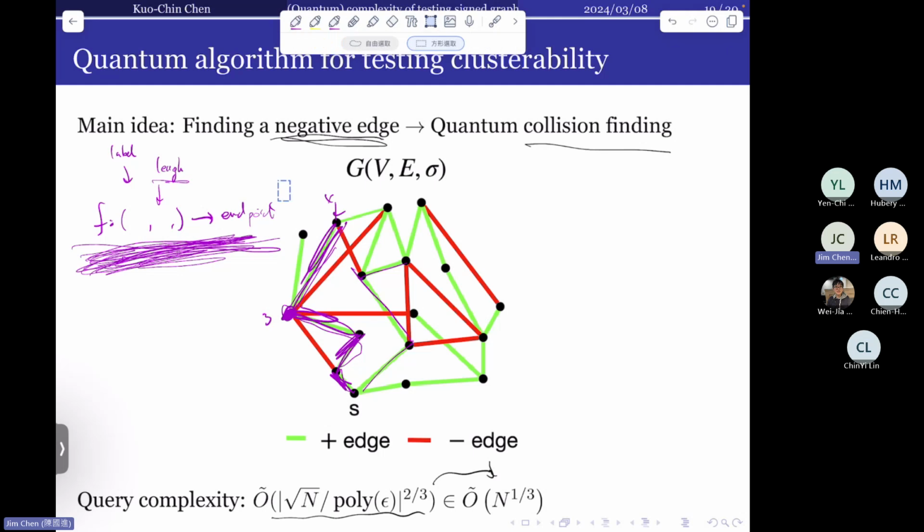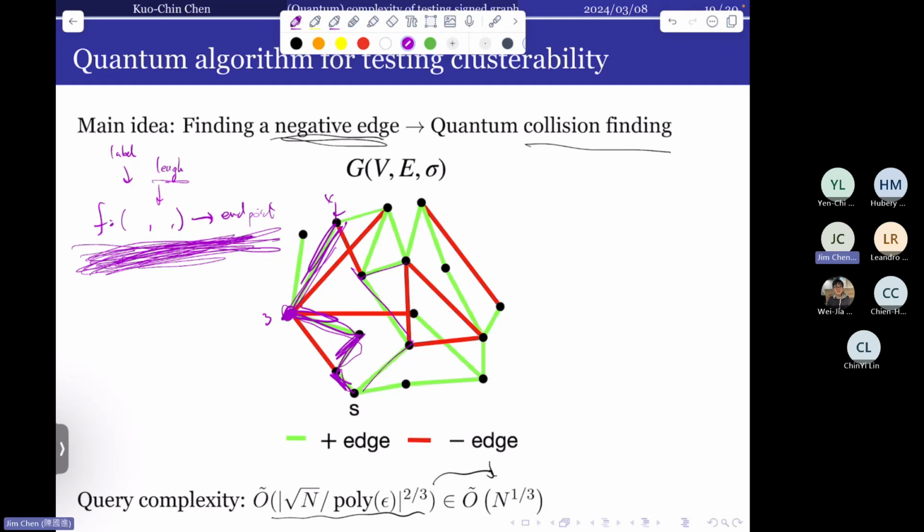The output of the function is the endpoint of the random walk. So this is the function we are interested in.